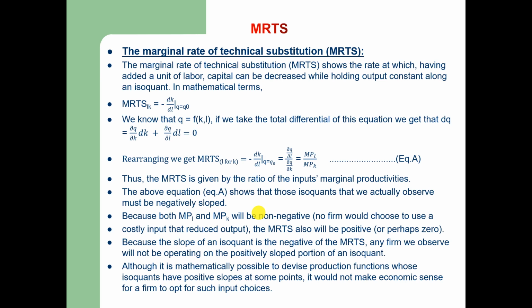So, in economic sense and intuitively, in reality, isoquants, just like indifference curves, are negatively sloped. So, the relevant portion of isoquants in economics are those which are negatively sloped.